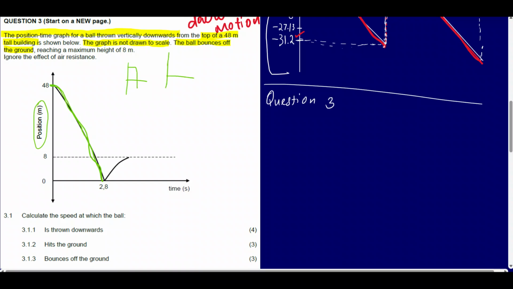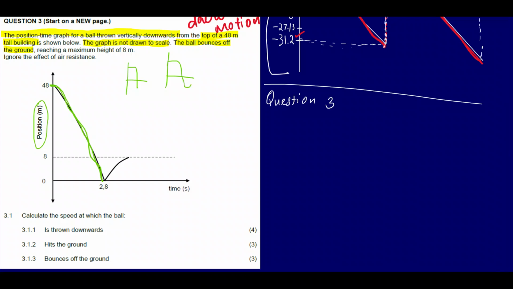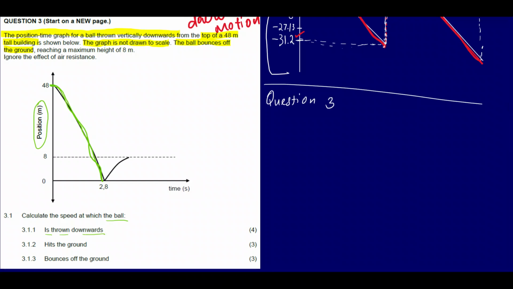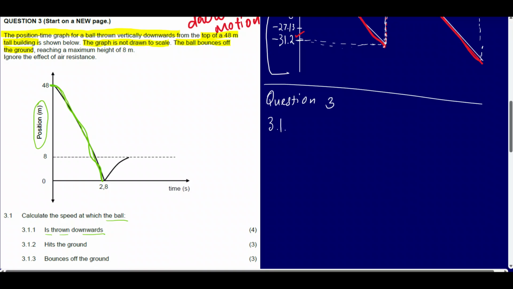It's sort of parabolic, so you'd see a parabola drawn there. Now calculate the speed at which the ball is thrown downwards.